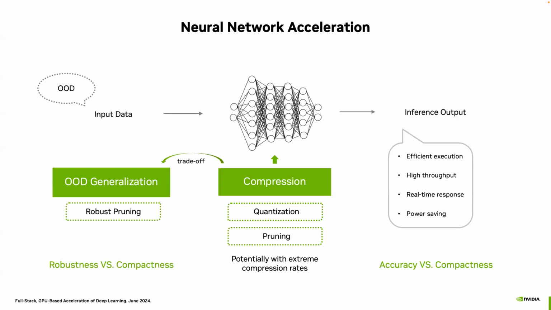On the other side, when we compress the model to make it more compact, we also need to carefully take care of model robustness, because as we will show later, compressing the model to a compact one generally hurts out-of-distribution generalization. So it's going to be a trade-off between generalization and model compactness. And here we are also going to talk about how we can do pruning in a robust way.